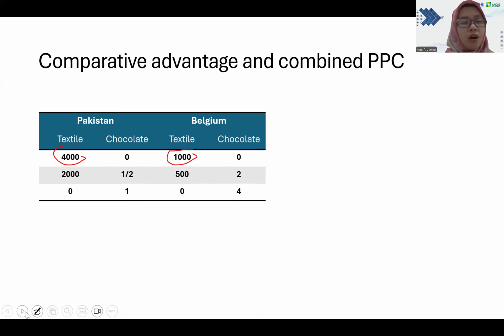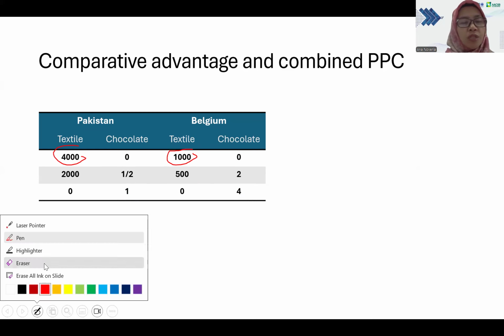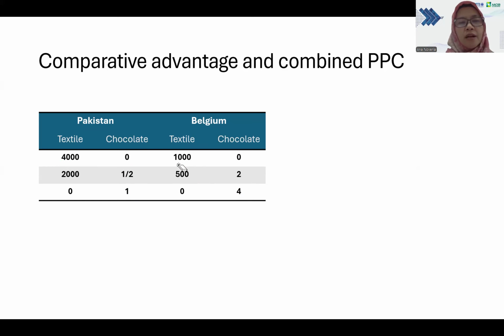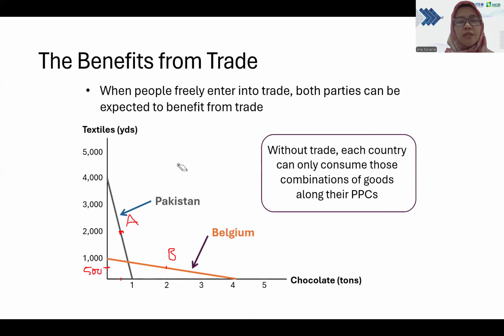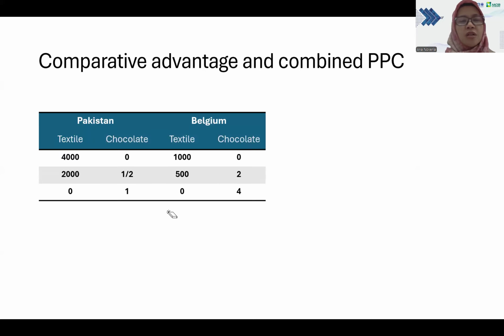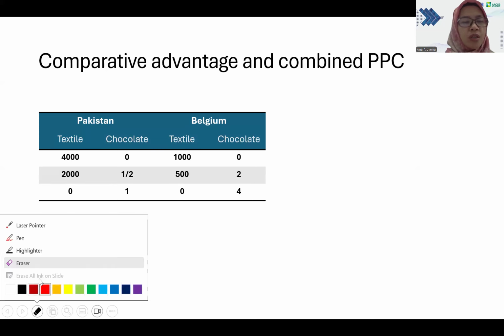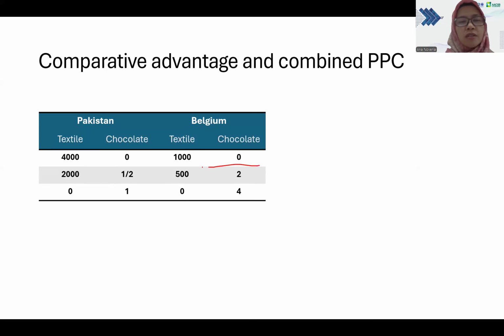Now, in the previous slide, I showed that we start from these 2 points, A for Pakistan and B for Belgium. So that means we are at this point.